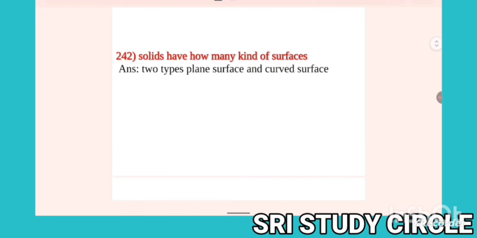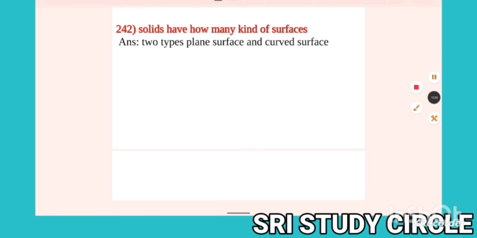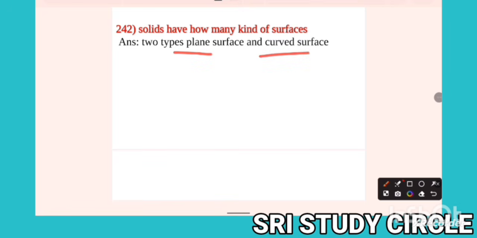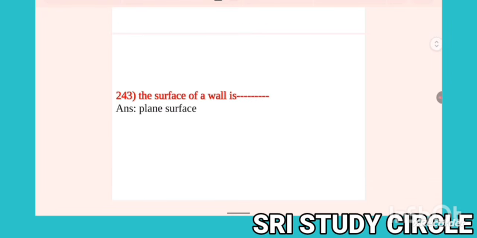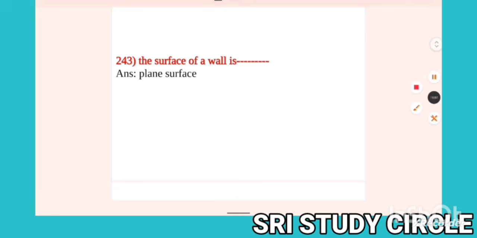The solid has how many kinds of surfaces? Plane and curved surfaces. How many kinds of surfaces do we have here? Plane and curved. What about the surface of a wall?